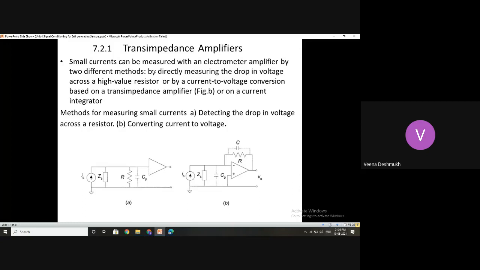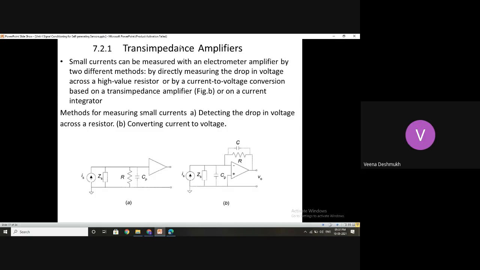So small currents can be measured with an electrometer amplifier by two different methods. One, by directly measuring the drop in voltage across a high value resistor, that is, by making input impedance very, very high. You can make the current flow through the other path and measure the voltage across it. Or by current to voltage conversion based on a transimpedance amplifier. First, understand the concept of this transimpedance amplifier.